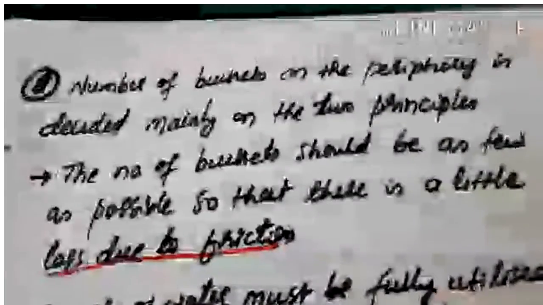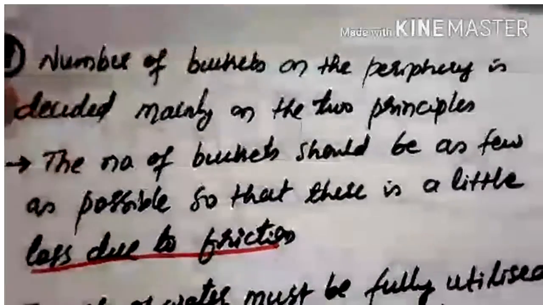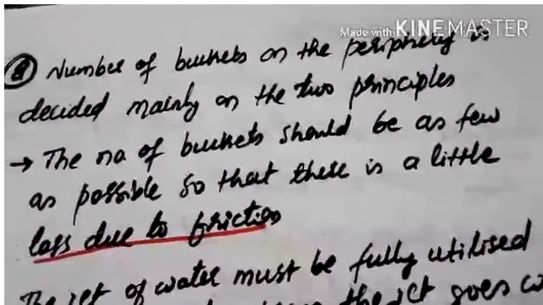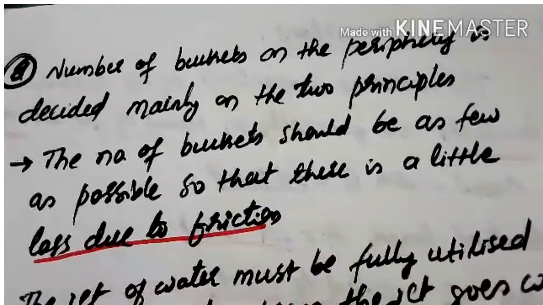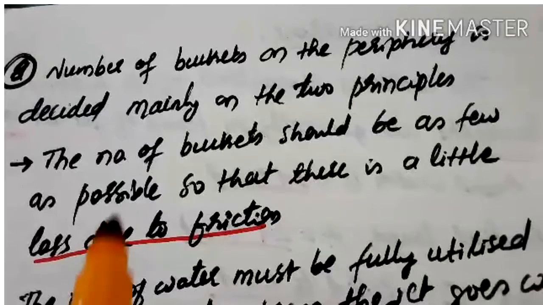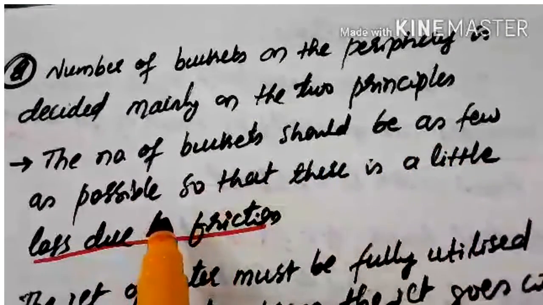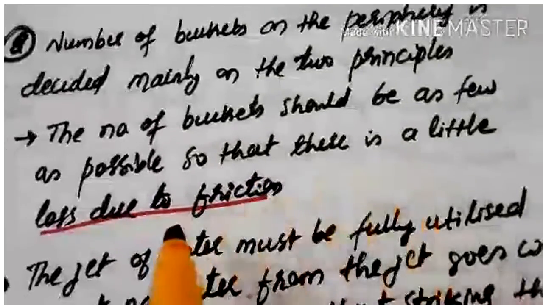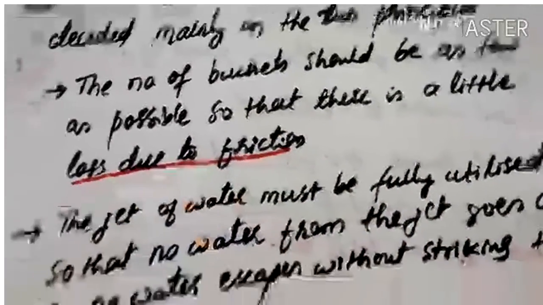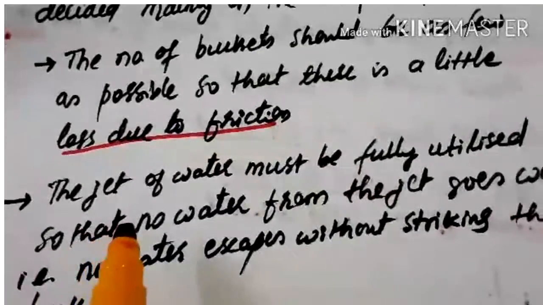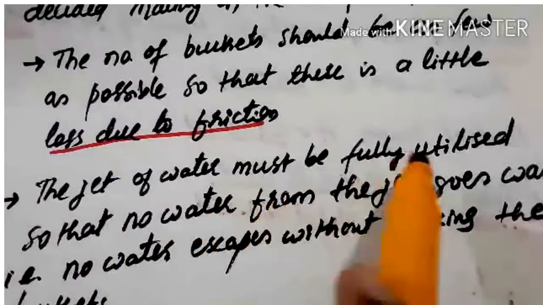So the number of buckets should be an optimum number, decided based on the losses occurring. That's why the number of buckets should be as few as possible so that there is little loss due to friction. And one more principle is that the jet of water must be fully utilized.